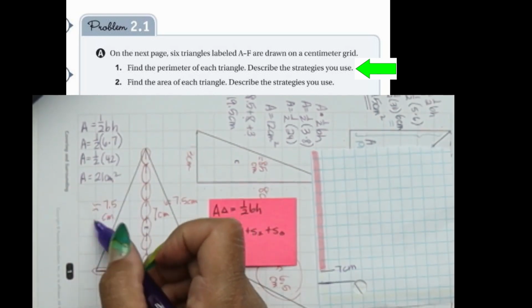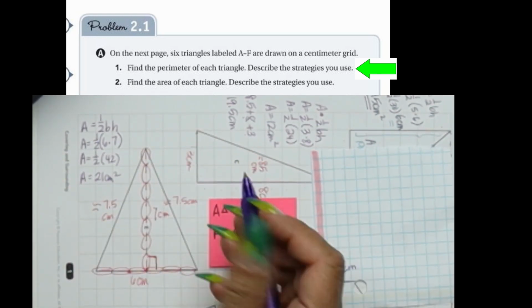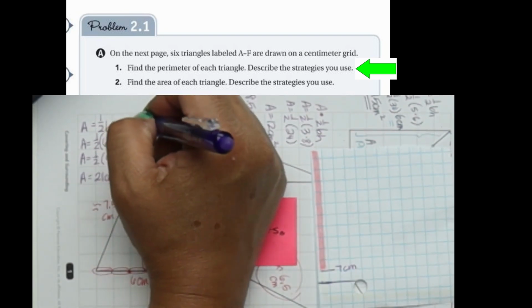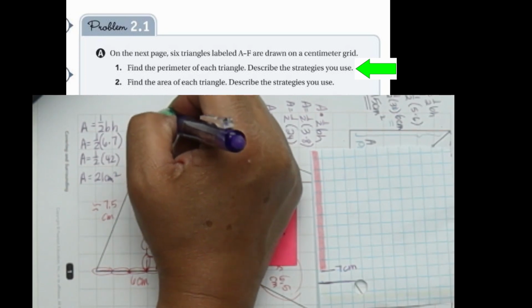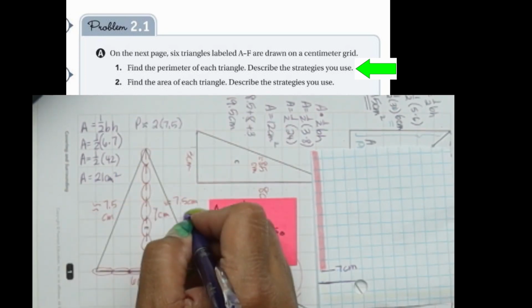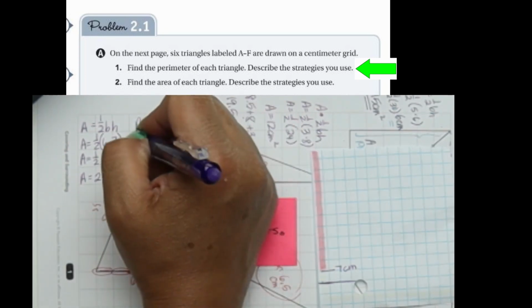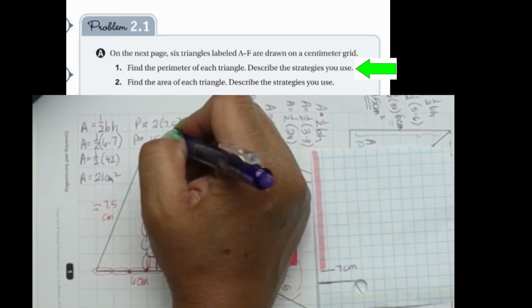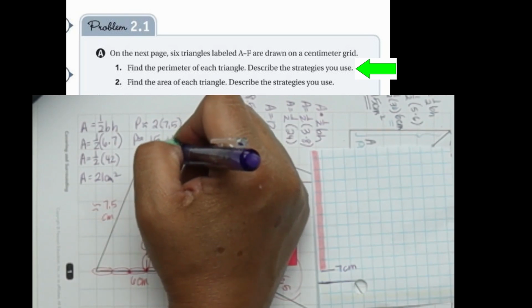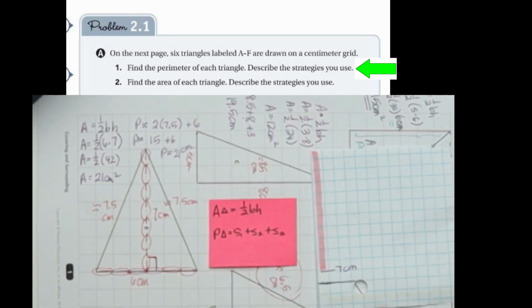And I'm going to add all of the sides to find the perimeter. So perimeter is about 2 times 7.5, because there are 2 of them, plus 6. 7.5 and 7.5 are 15 plus 6. Perimeter is about 21 centimeters.